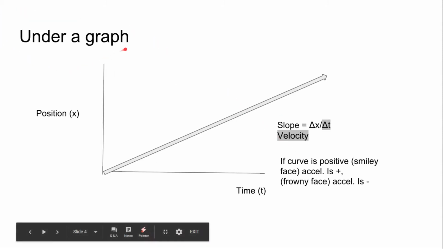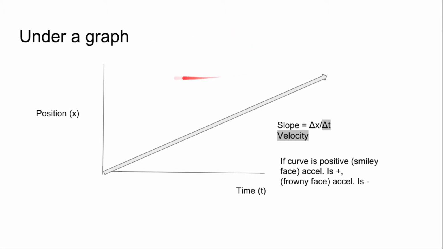So what if you're given a problem where you have a graph? In this case, we have a position versus time graph. So you need to know that the y-axis in here is position, which is usually denoted as x, but keep in mind this is the y-axis. And then over here we have time on the x-axis, which, as you go further to the right, the time gets larger.